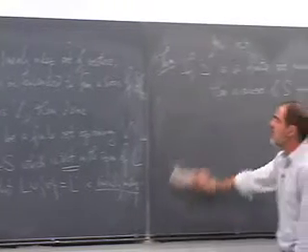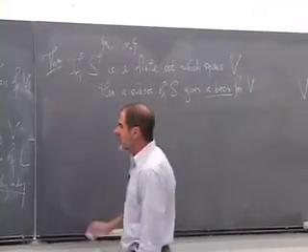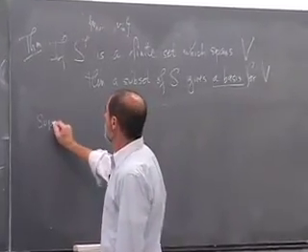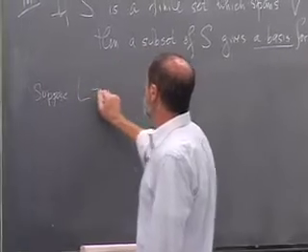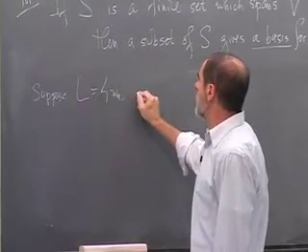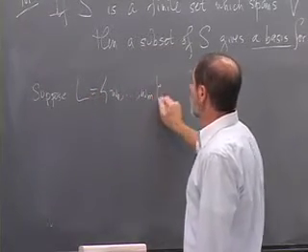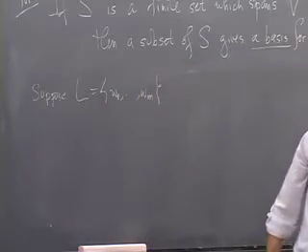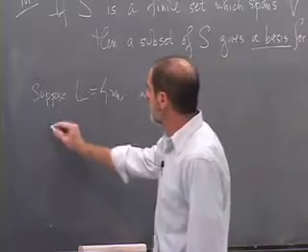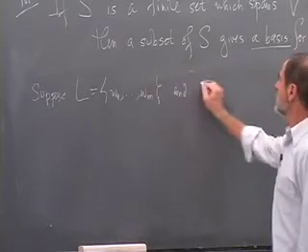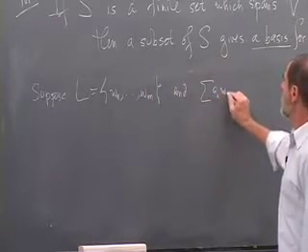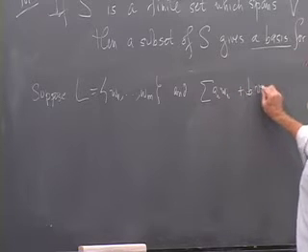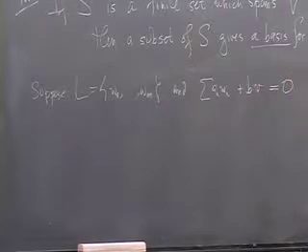So let's see why that's true. Why? Suppose that L were the vectors w1 through wm. And suppose we had a linear relation between the vectors in L and v. And suppose the sum of ai wi plus bv is equal to 0. That would be our linear relation.